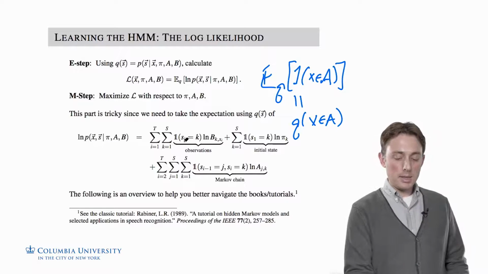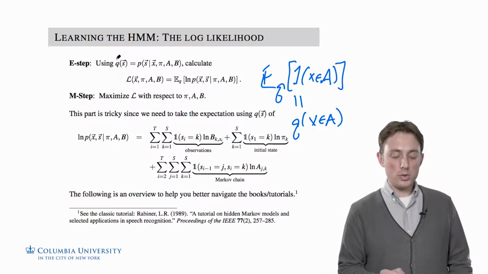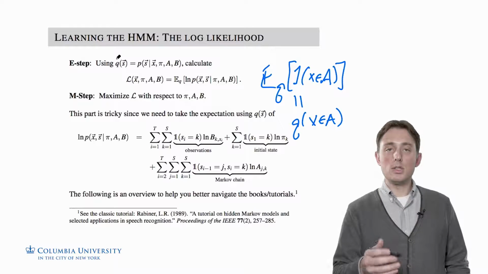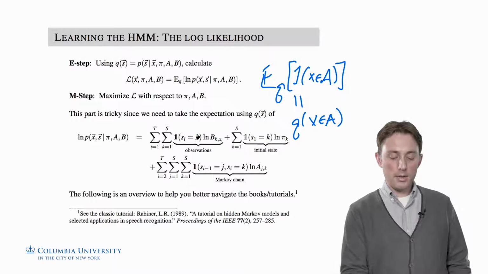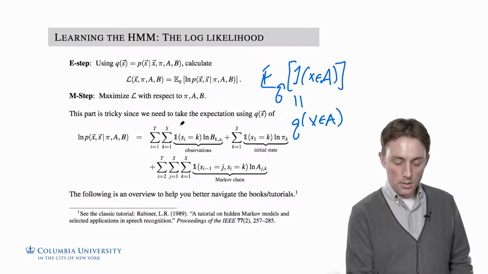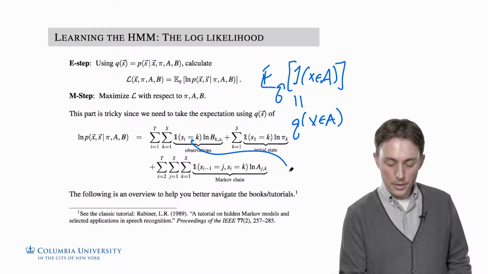So this expectation of this event according to this distribution is the marginal conditional posterior of being in this state at time i. I'll just do it for this one example.